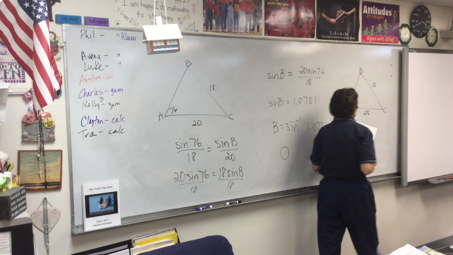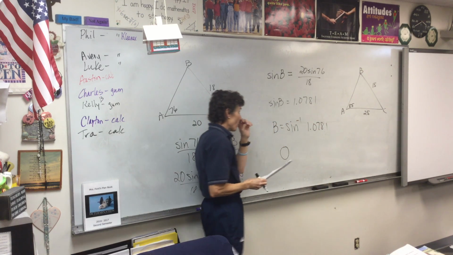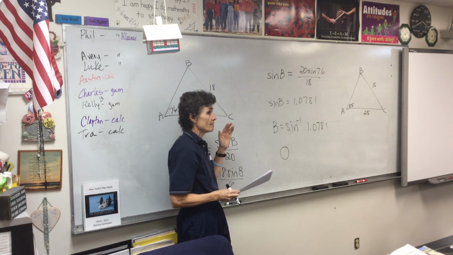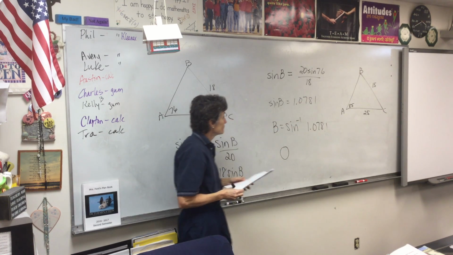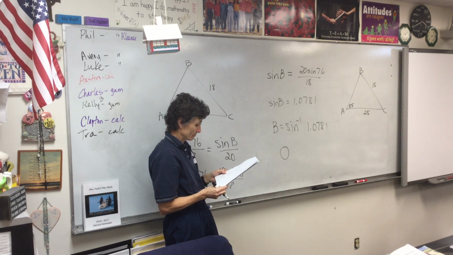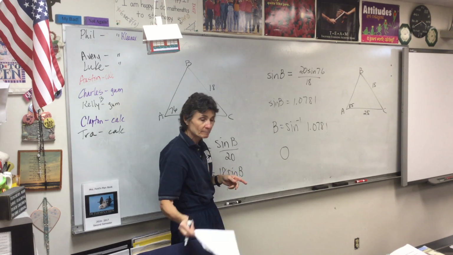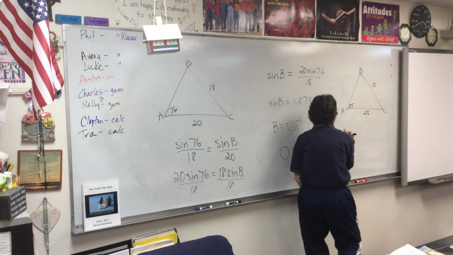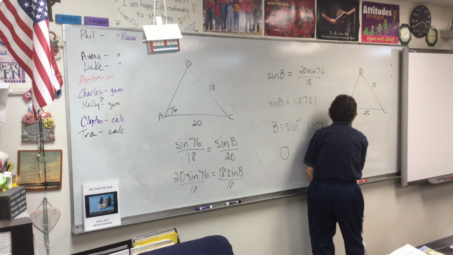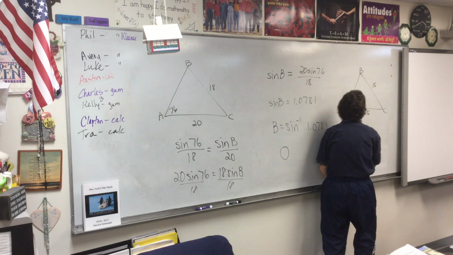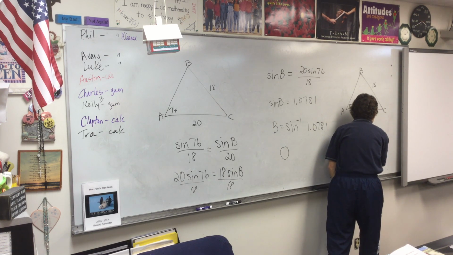So there's my picture. Everybody remembers that wherever you put angle A, side A is across from it, right? Does that picture look okay? All right, then we jump in. What do we have? Sine 85 over 15 equals sine B over 25.